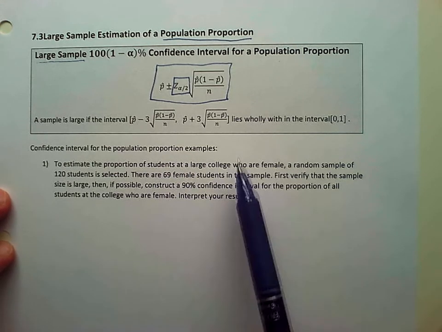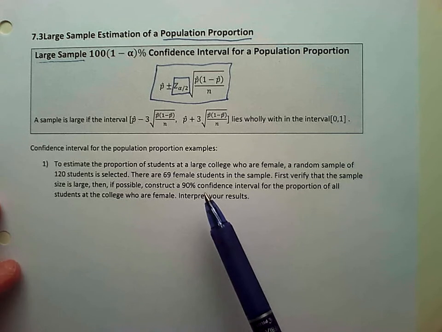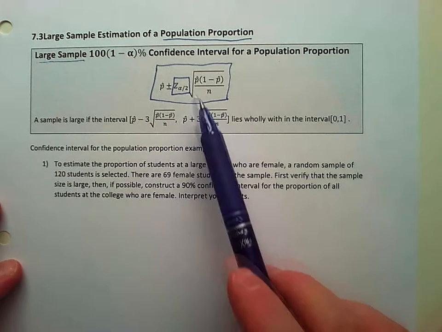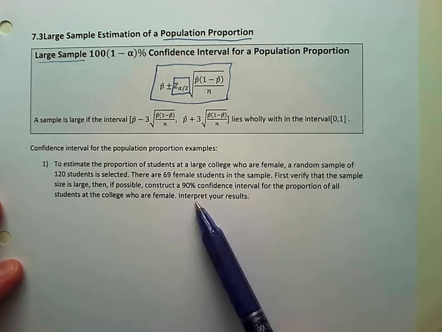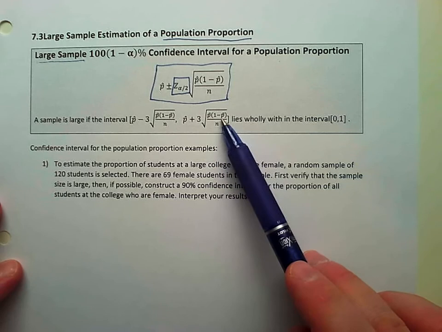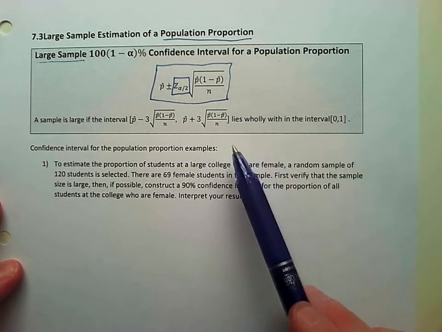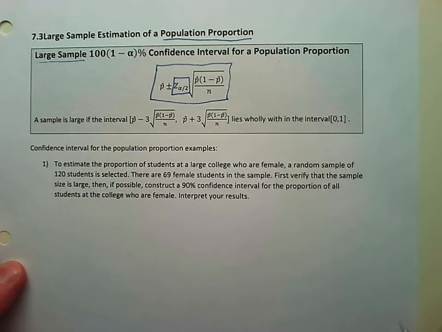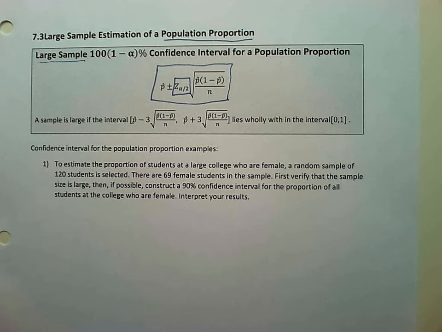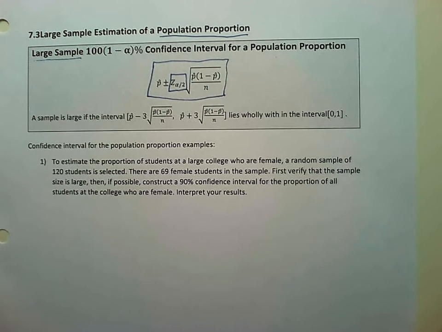So this first example right here illustrates that concept. Let's use this example to jog our memory about how to calculate whether or not we have a large sample when we're dealing with proportions. This is a confidence interval question for population proportions.